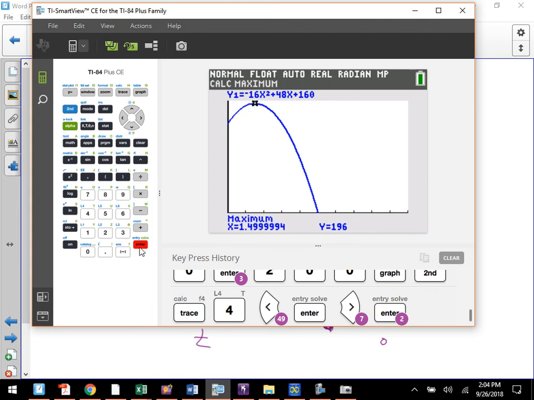The maximum height that it reaches is 196 feet in the air. So you basically threw it 36 feet up in the air. And then from there, calculate a 0.